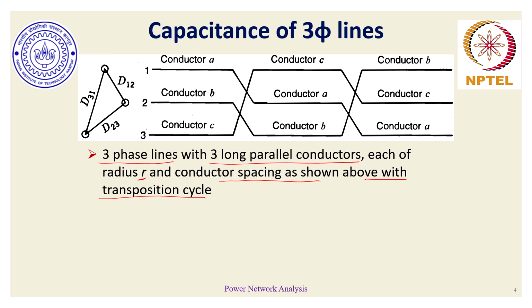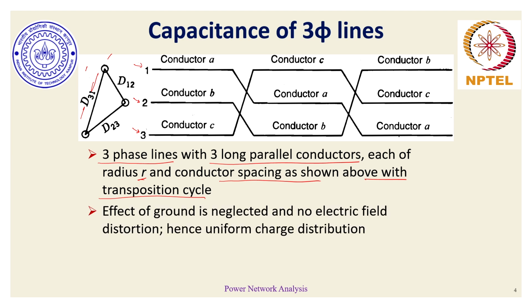If I am marking position 1, position 2 and 3, then this triangle essentially indicates the distance between positions 1 and 2, 2 and 3, and 1 and 3, when conductors A, B, C take up positions 1, 2 and 3 respectively for different transpose cycles.